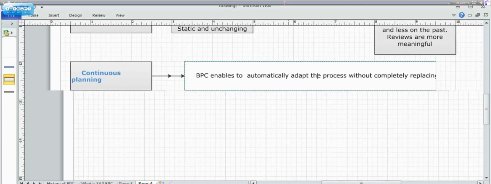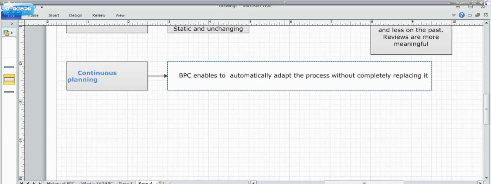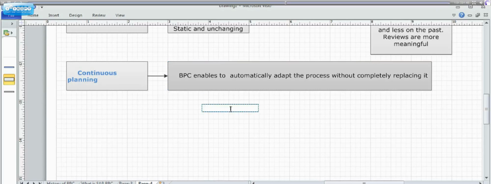For the existing purpose. So it's like you don't have to reinvent the whole wheel again or just scrap the whole model. It can be changed at any point of time, which makes the BPC technique more agile, more flexible, and most effective.